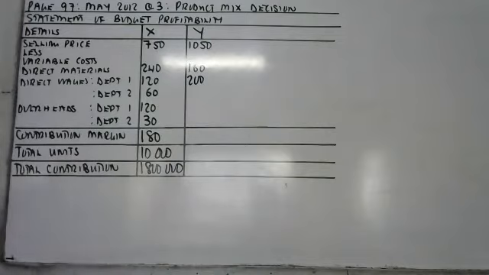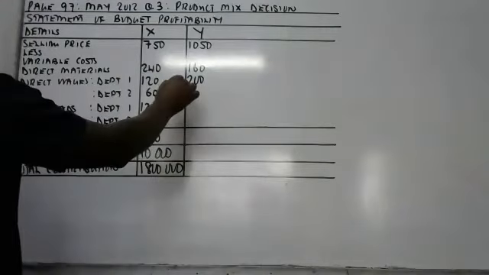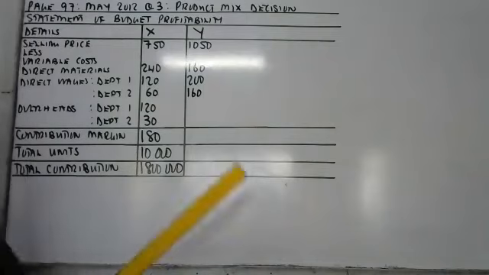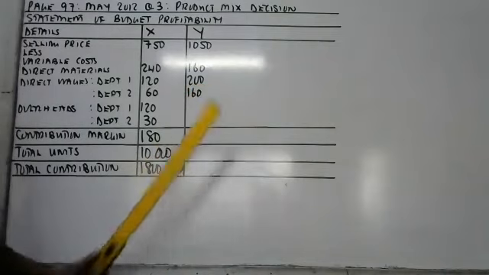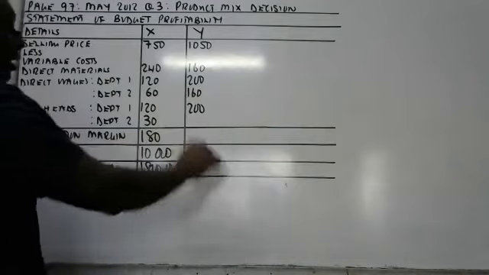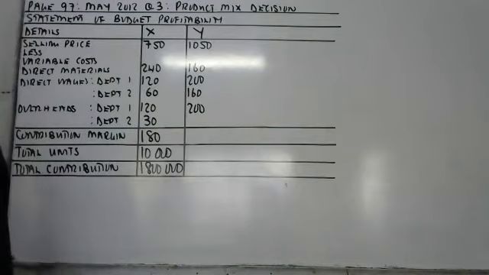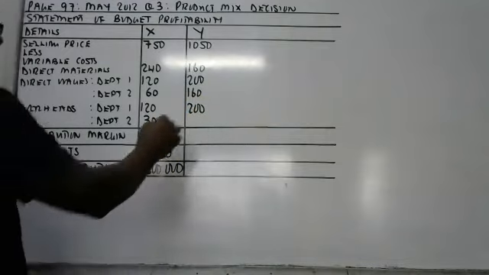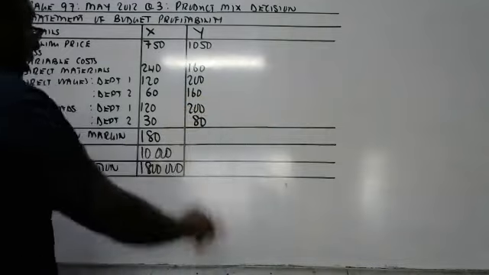Department 2 is 20 times 8. 20 times 8 is 160. Overheads najua hapa kwa department 1 100%. Sio itakuwa 200. Department 2 is 50%. So that is 80.